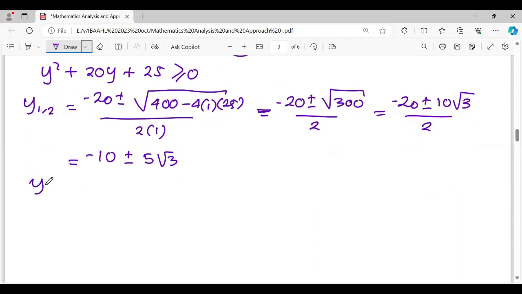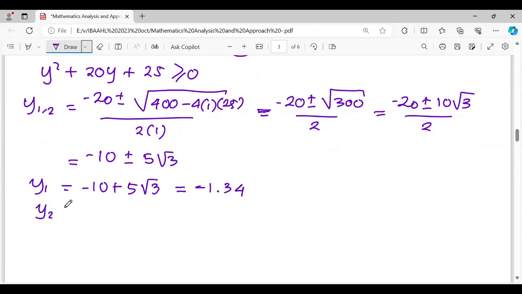So the first y is minus 10 plus 5 square root 3, and in decimal it is minus 1.35.